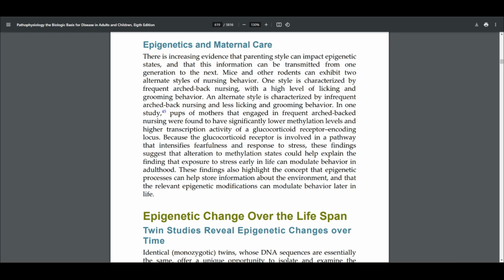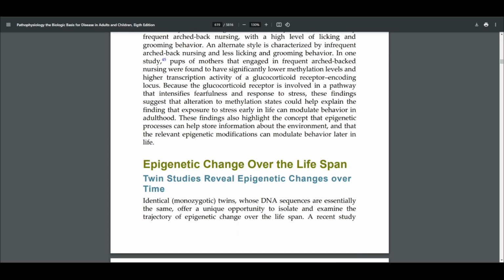Because the glucocorticoid receptor is involved in a pathway that intensifies fearfulness and response to stress, these findings suggest that alteration to methylation states could help maintain the effects of exposure to stress early in life and can modulate behavior in adulthood. These findings also highlight the concept that epigenetic processes can help store information about the environment and that the relevant epigenetic modifications can modulate behavior later in life.